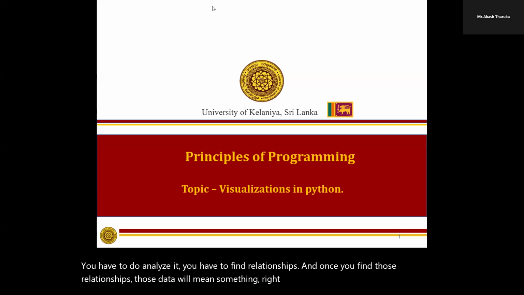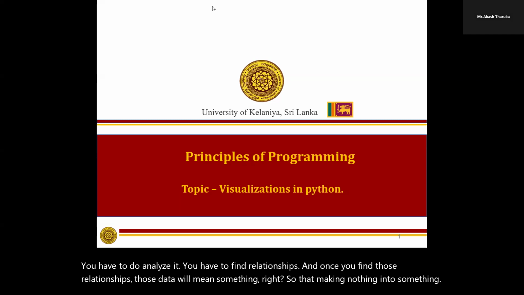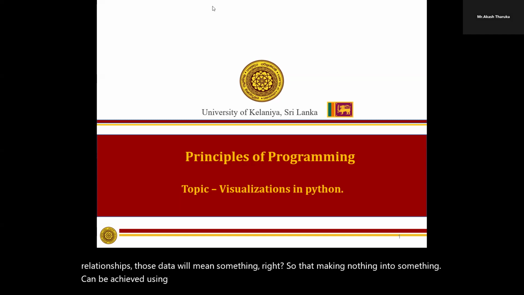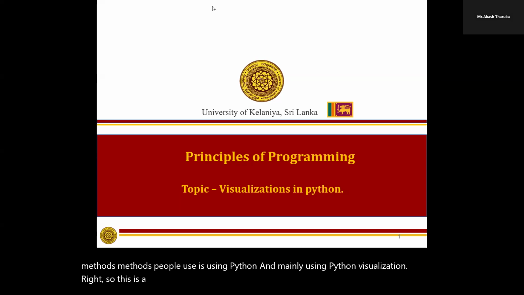Making nothing into something can be achieved using different tools and methods. One of the tools people use is Python, mainly Python visualization. This is a very powerful tool when it comes to analyzing data and finding out relationships.